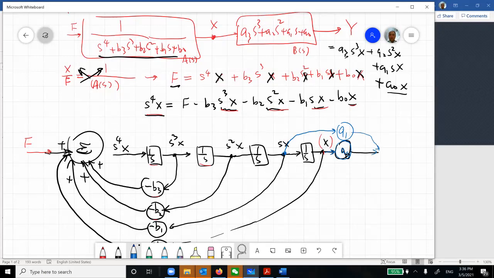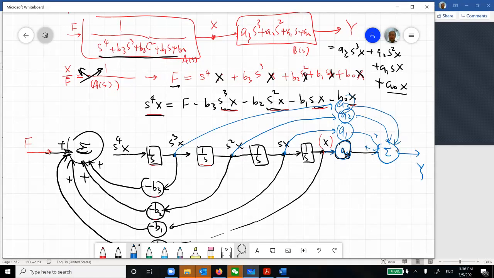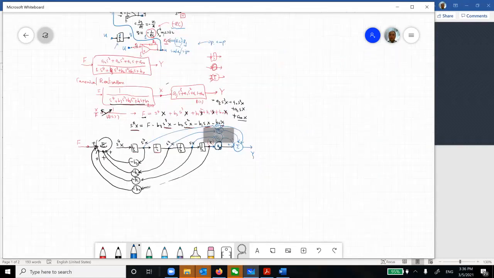Then you add everything together, you get Y. So here you have s square here, so you have A2 in here. So then you have s3 in here, you got A3. Okay, so we're done.